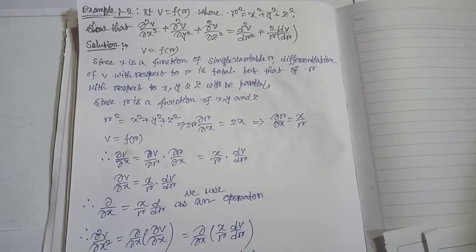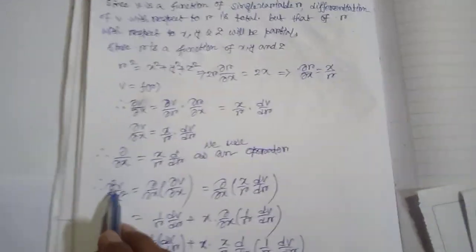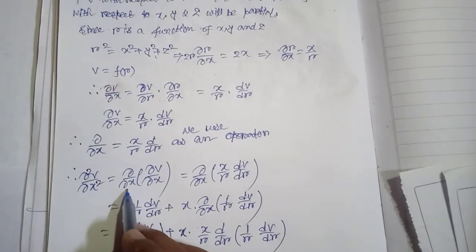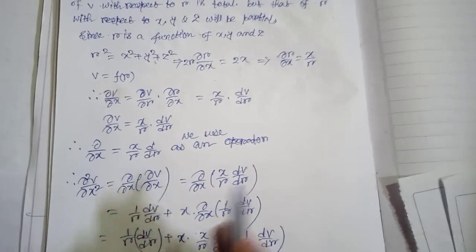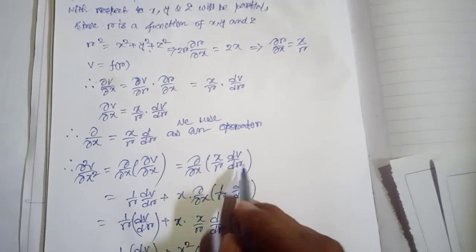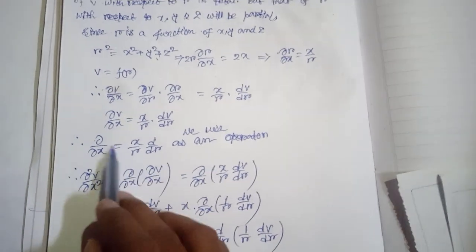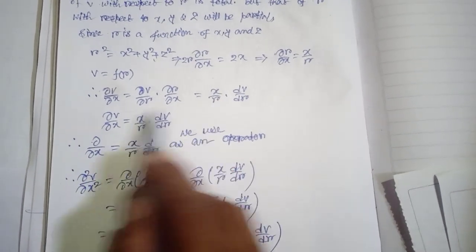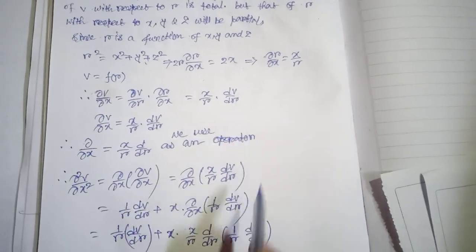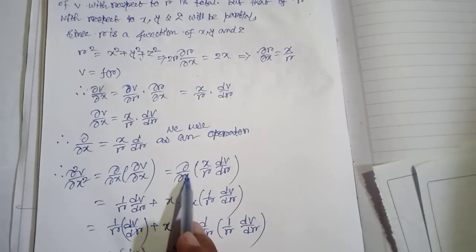This is an operator. So ∂²V/∂x² equals ∂/∂x of ∂V/∂x. So this is equal to ∂/∂x, and ∂V/∂x equals x by r dV/dr.